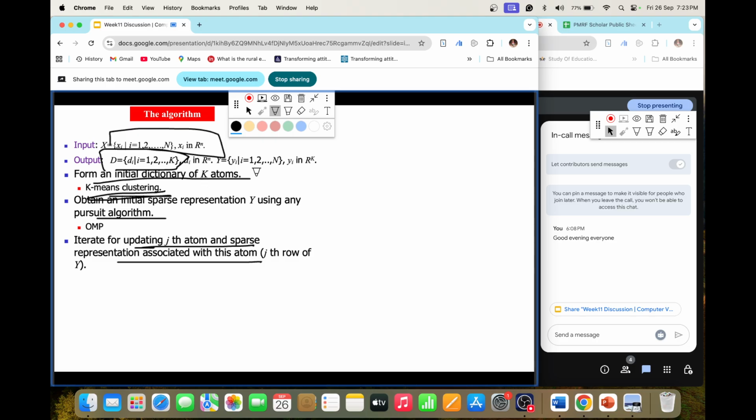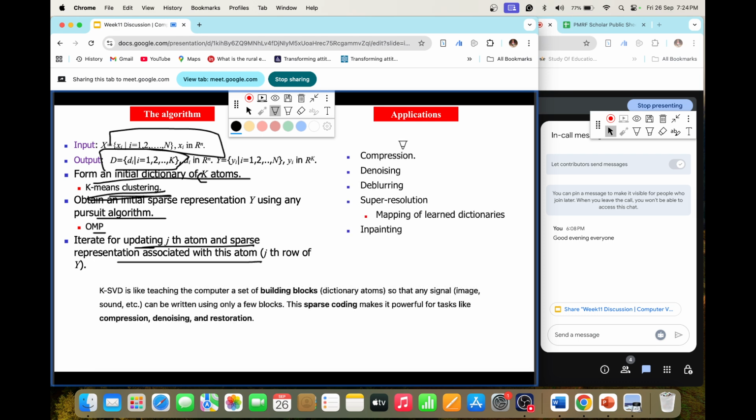So in this we are iterating both. Previously, in the pursuit algorithm, we iterated only the atoms, but here we are iterating the dictionary also by k-means clustering, and then iterating the chosen atoms by the OMP algorithm. What are the applications? It is used for compression, denoising, deblurring, super resolution, mapping of a learned dictionary, and inpainting.